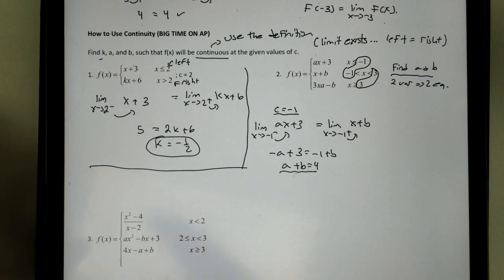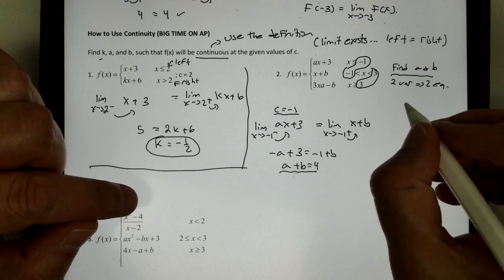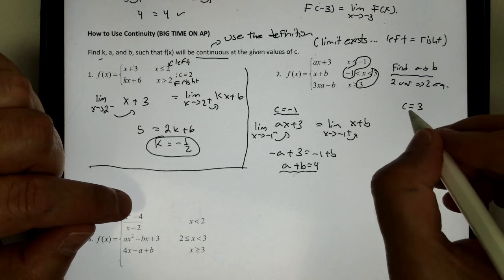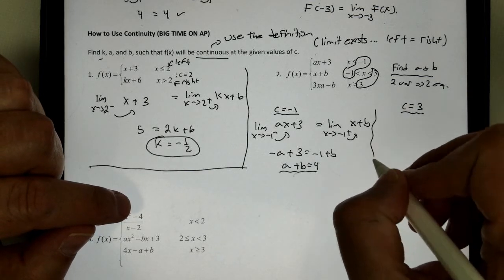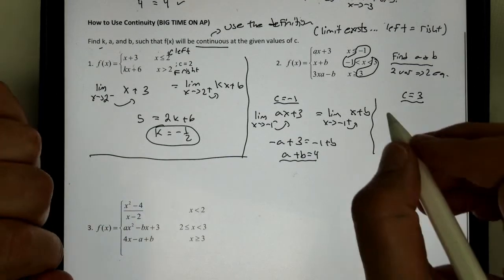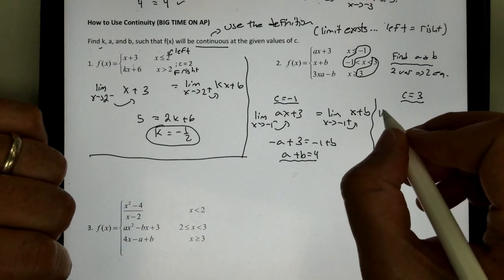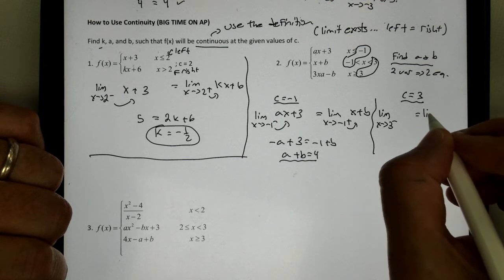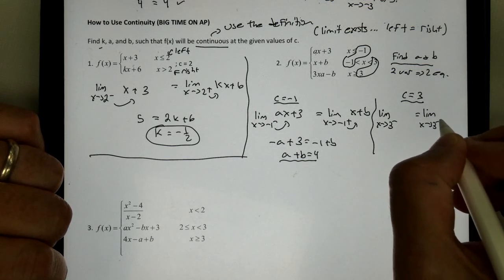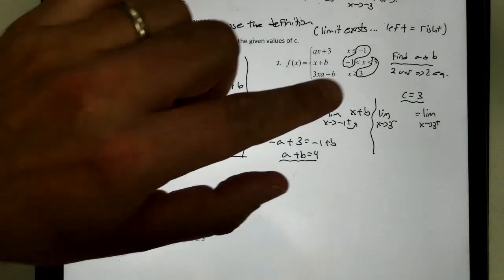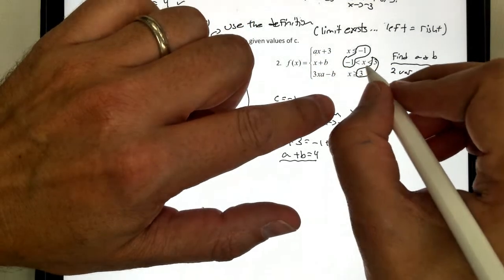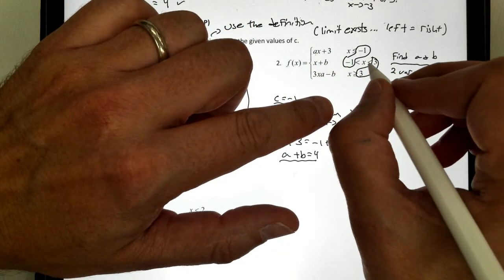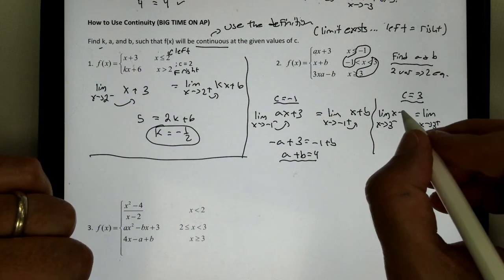So how do I get the second equation? Well, I use the same thing for 3 now. Okay, so let's do that for 3. The limit as x approaches 3 from the left equals the limit as x approaches 3 from the right. On the left, x is less than 3 right here, we're on x plus b.